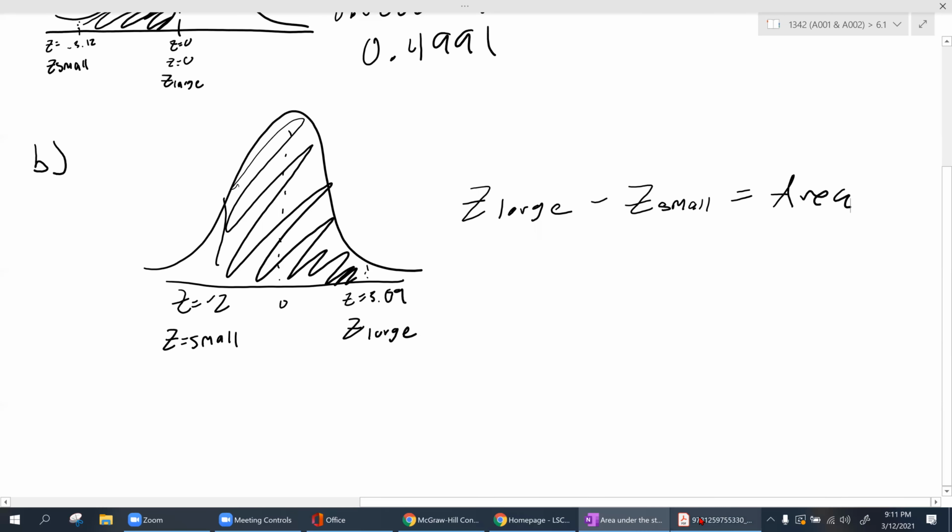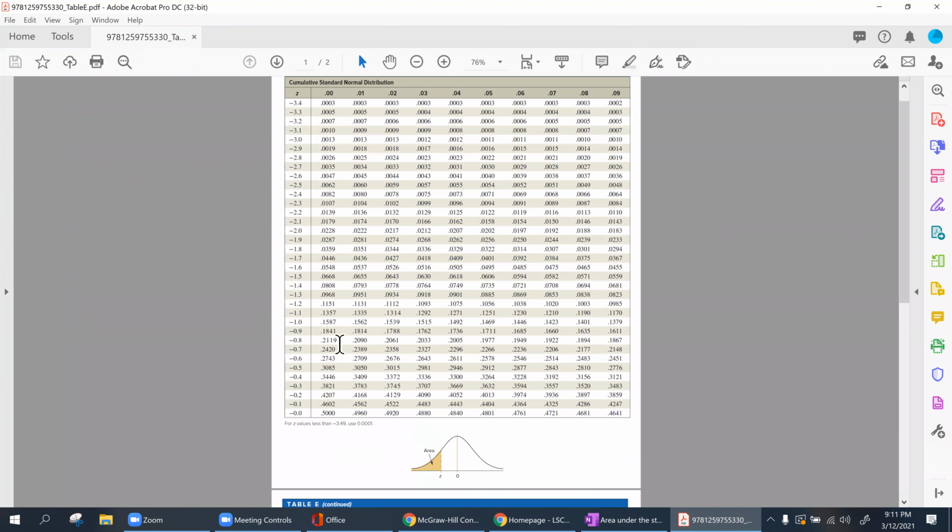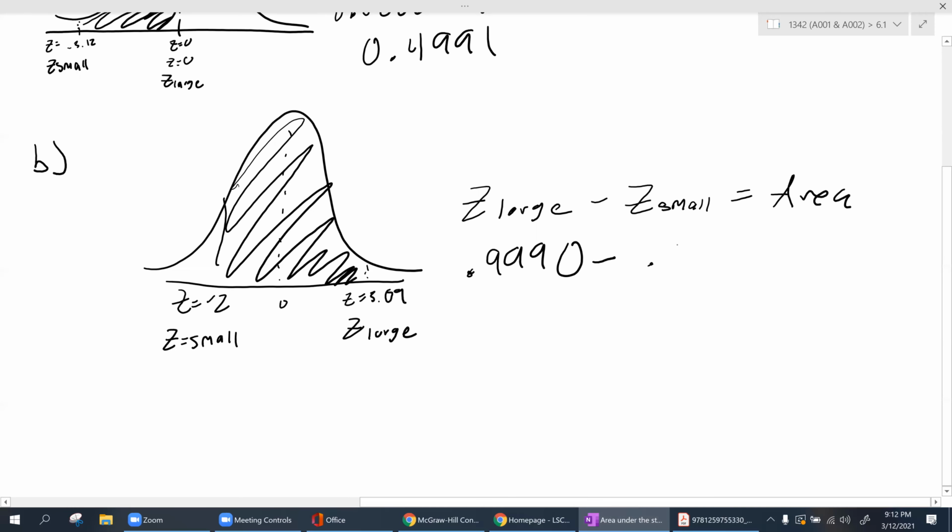So that's 0.9990 minus z small, which was negative 2.00, and that would be 0.0228. I'm going to subtract that: 0.9990 minus 0.0228.